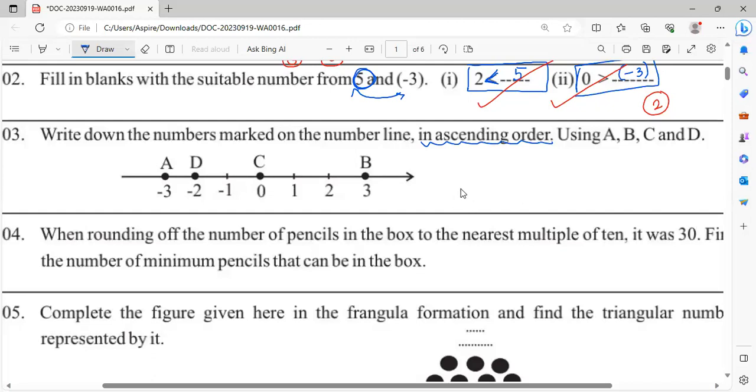We have to write -3, -2. That means smallest to largest. It's 3.